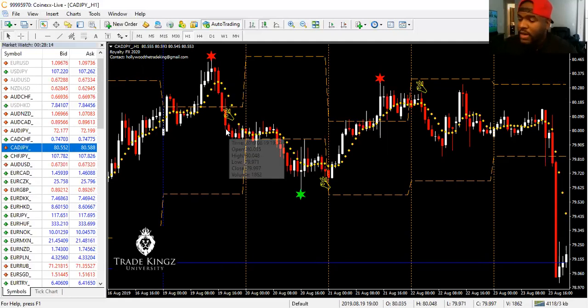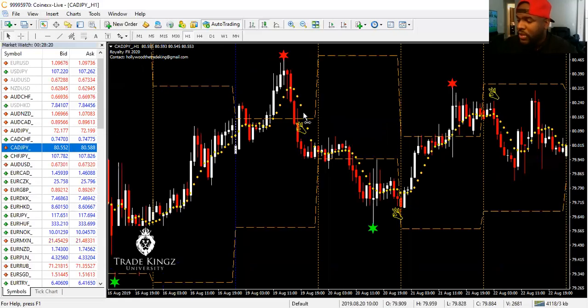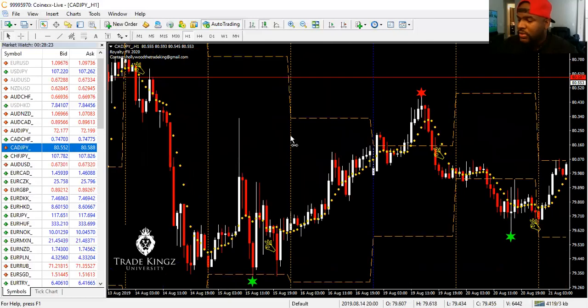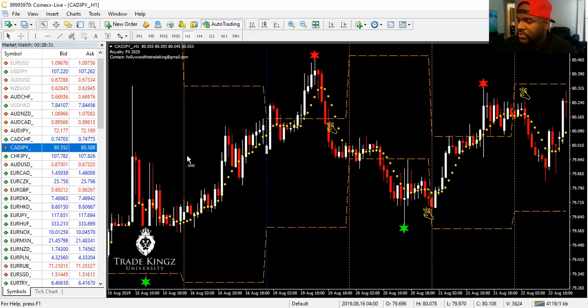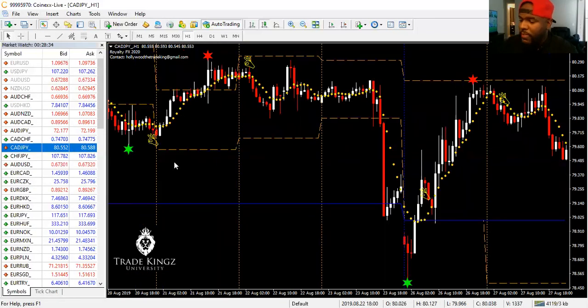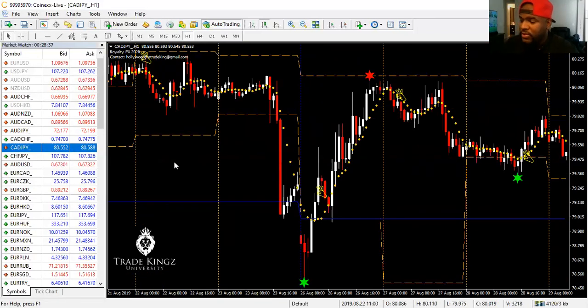Now we're looking at higher time frames too, so you can actually gain more pips on the higher time frames. Okay, so as you can see, each time we got an entry, a star, and then a hand gesture or an entry signal, the market went that way.